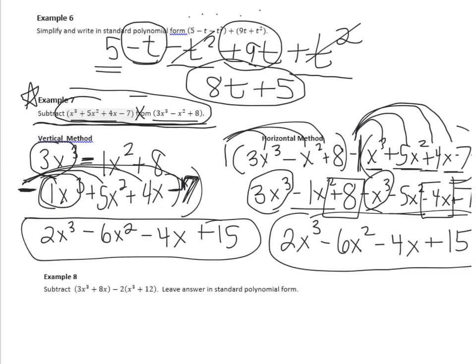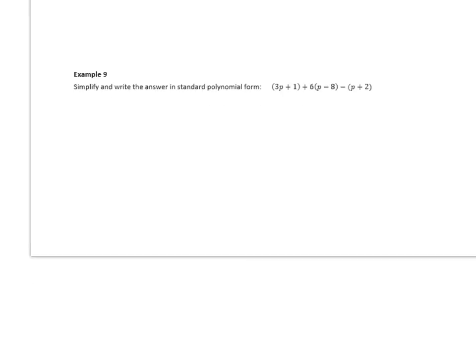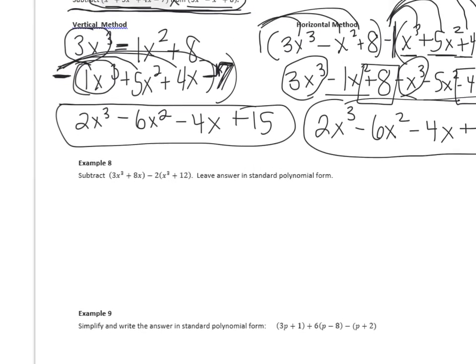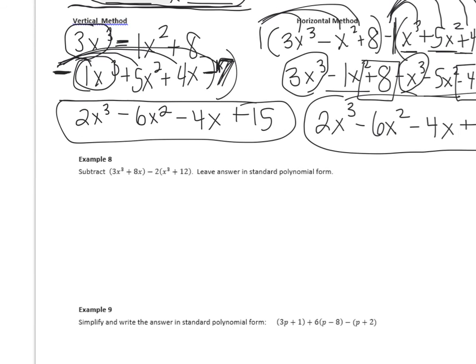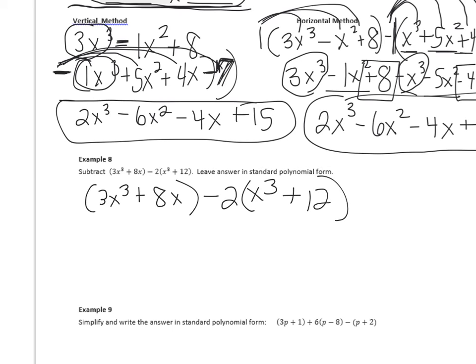So let's do a few more examples of subtracting, a couple more, and then you'll be good to go. So example 8. We've got 3x to the third plus 8x. We are subtracting a 2 times x to the third plus 12. I like when they don't just put a minus in between the two parentheses.